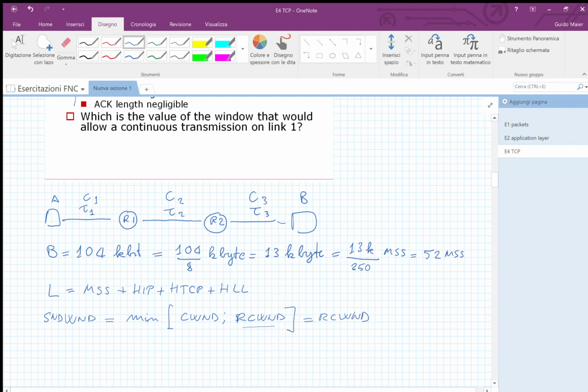What is the receive window? It is the value that is inserted in the acknowledgements that are sent by the receiver to the transmitter, and it basically implements the flow control.